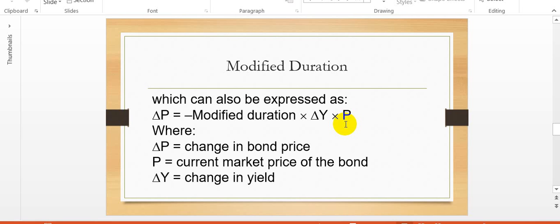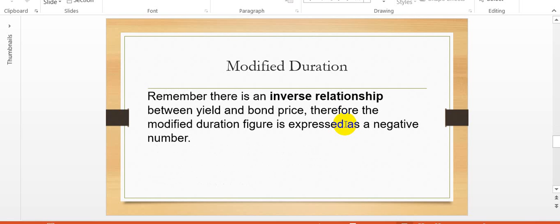We've got the change in bond price, P is the current market price of the bond, and then finally the change in yield. You have to remember that there is an inverse relationship between yield and bond price. So therefore, the modified duration figure is expressed as a negative number.